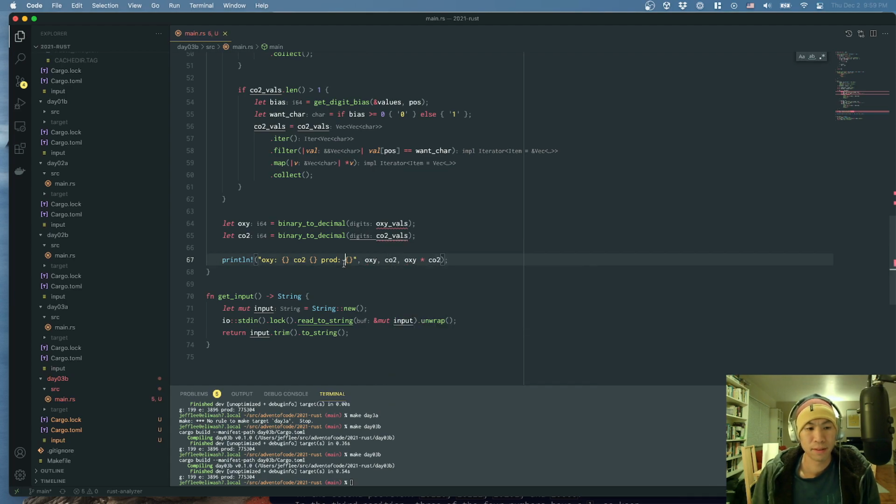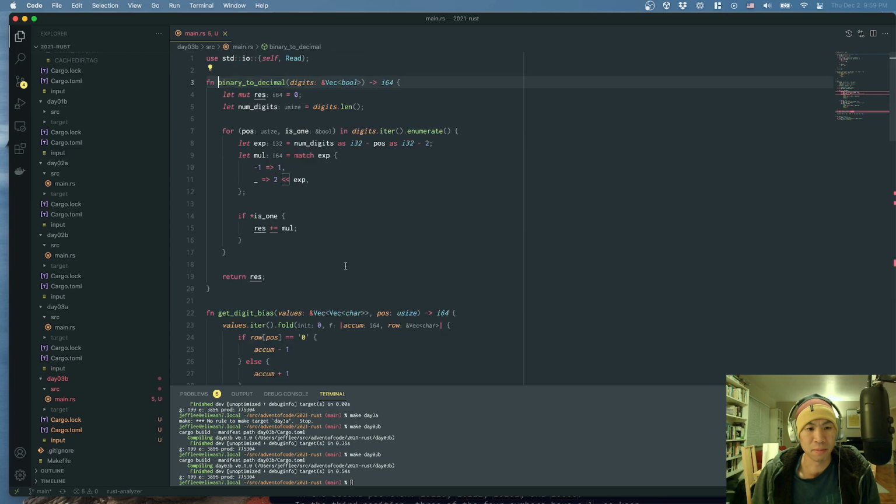And the reason why this is complaining is that I'm passing the wrong type in here because this thinks it's going to be a vector of bools. Let's just do vector of characters.